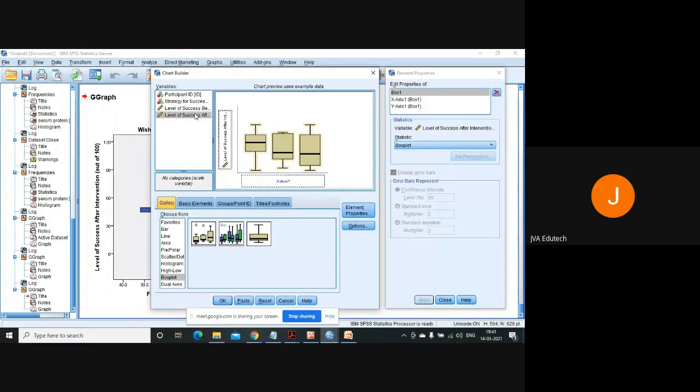On the x-axis, you can select the strategy, whether they wished upon a star or worked hard. Now you will see the preview, and now select OK.